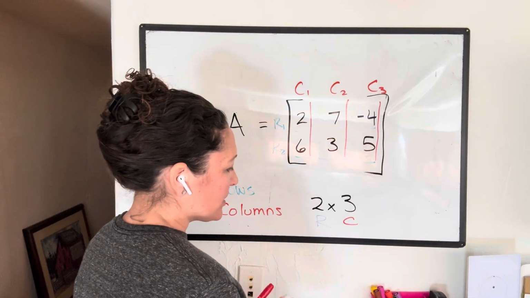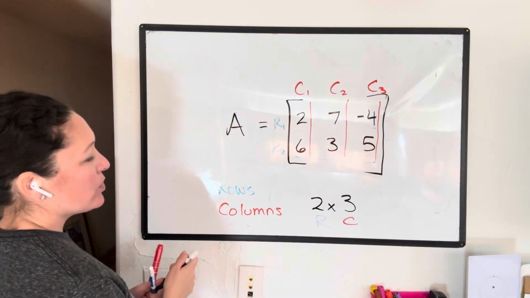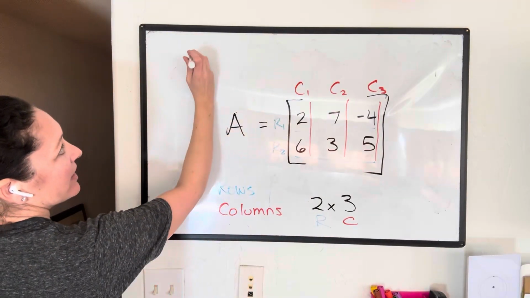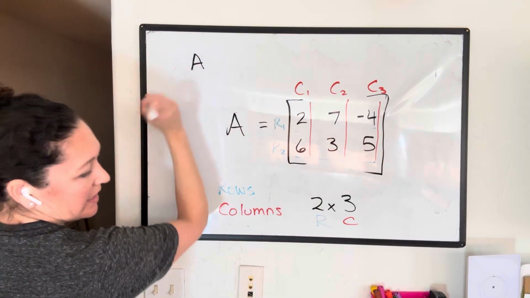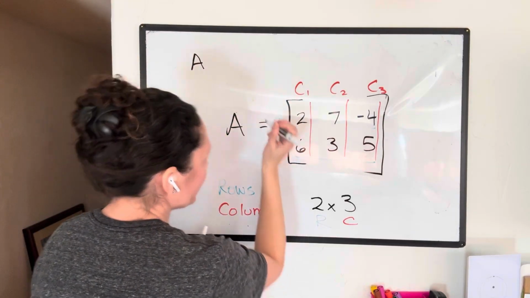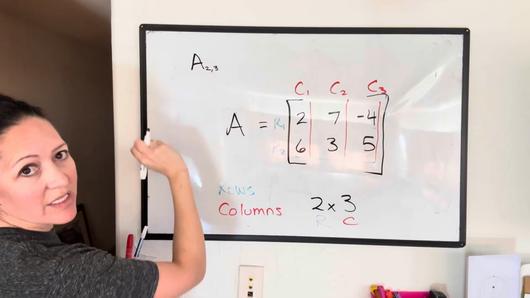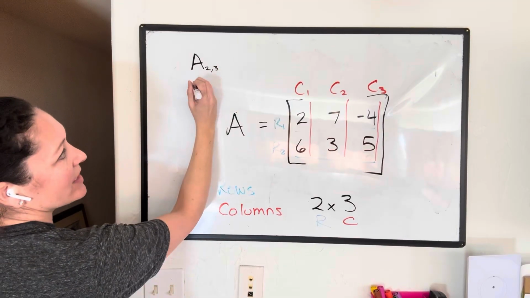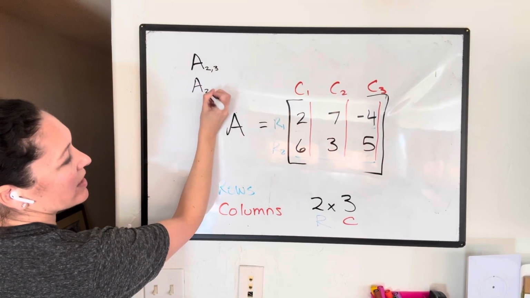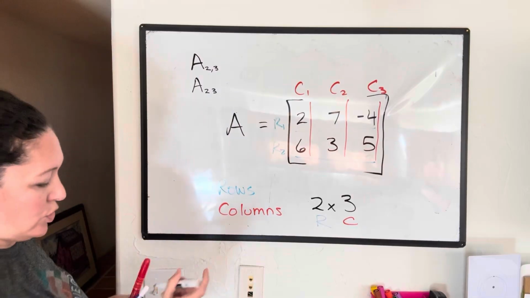And then you can also look at a specific element. So you could say, I care about the element A, and you could write it out like 2, 3, as a little subscript. You don't have to have the comma in there though. It could also just be element A, 2, 3.